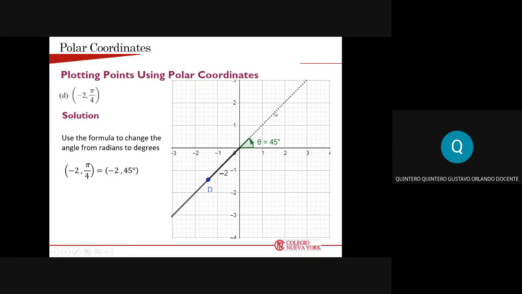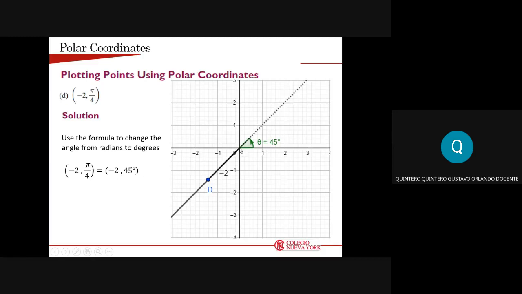So 1 and 2. No, the point shouldn't be here because we have a negative r, right? The distance this time is negative.